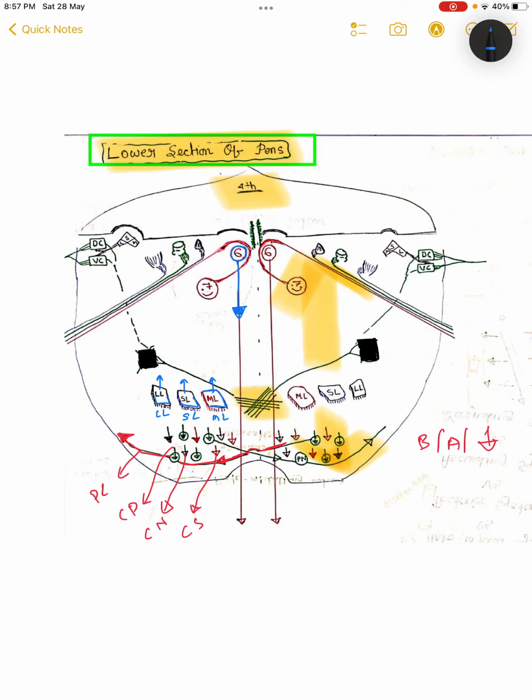Now you see the facial nerve nucleus. The nerve will go around and make a genu like this, and then moves forward. But when it makes a genu, it gives an impression here. And this impression is known as what? Our facial colliculus. You guys already know that.